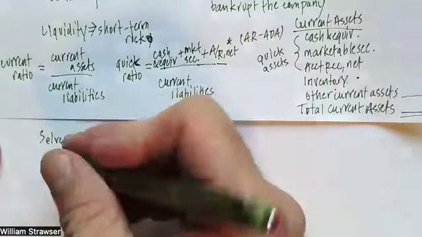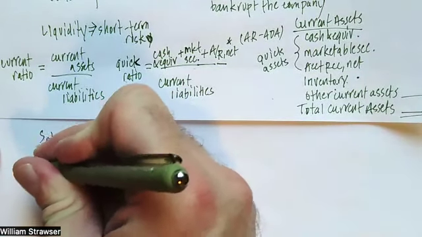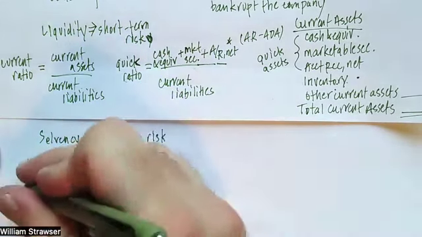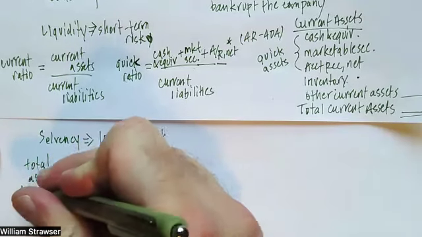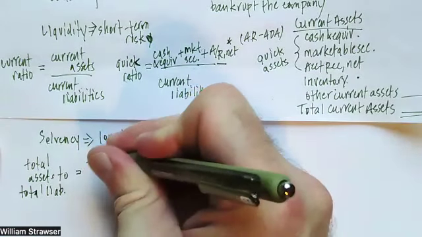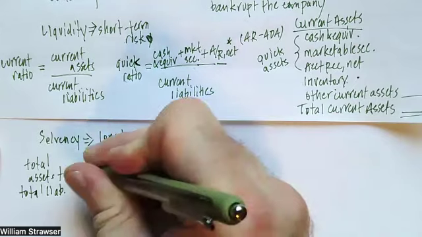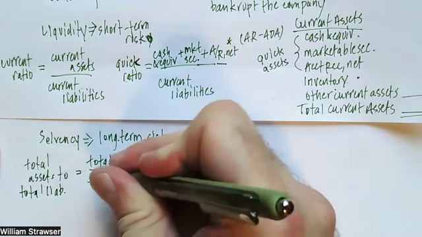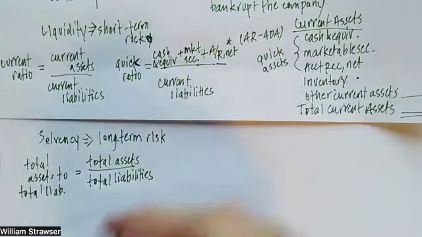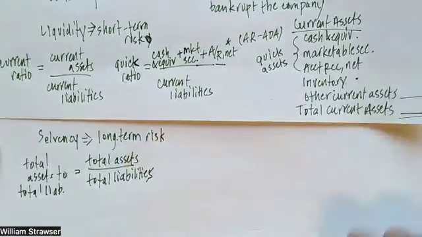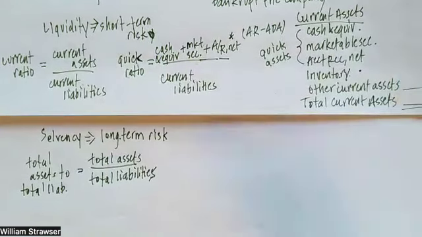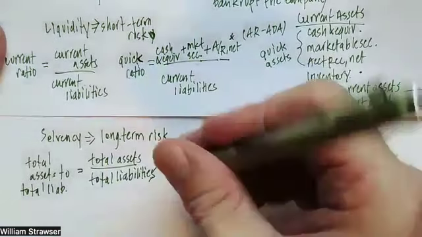And so it might make sense that we turn to a total assets to total liabilities. We're very inventive with names in accounting, which is just very much literally describing the fact that I take total assets and then divide them by total liabilities. So that's a solvency ratio. This is telling me more about whether the company is not just going to perform over the next year, but is going to perform for the years that follow.